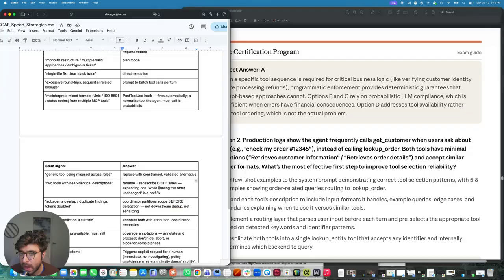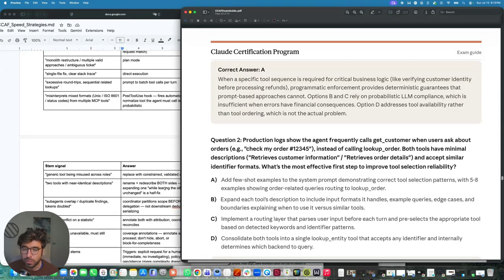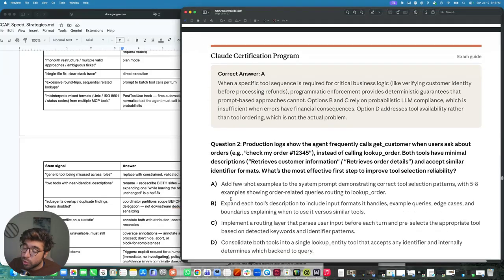So we know that when we see a question that mentions two tools with near identical descriptions, the answer is always going to involve a rename plus redescribe of both sides. We need to do both. So what we're now looking for, let's look through our answers to see which one does this.